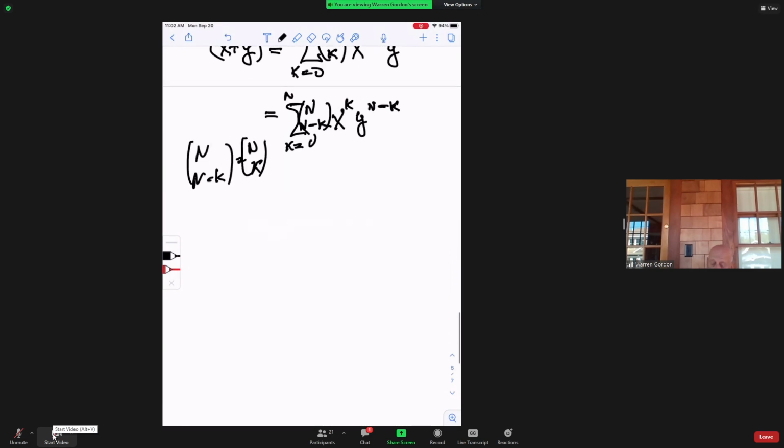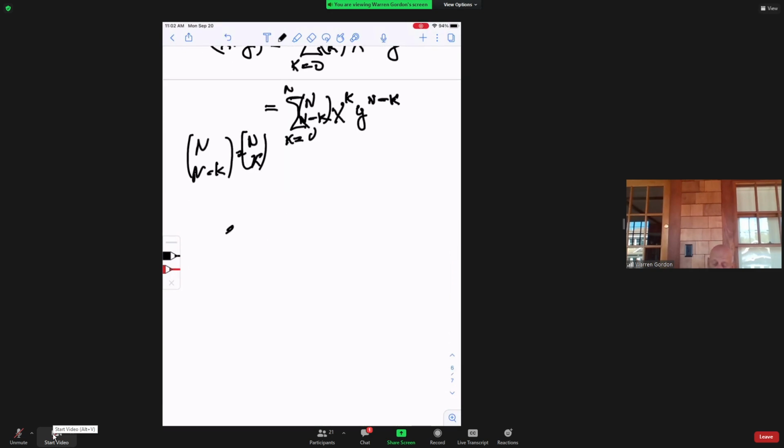So for example, if I wanted to compute 2x plus 3y to the 5th power, and suppose I want to find the 4th term in this expansion. I can find them all, but suppose I wanted to find the 4th term. Firstly, I think of this as being a plus b to the 5th, where a is 2x and b is 3y.